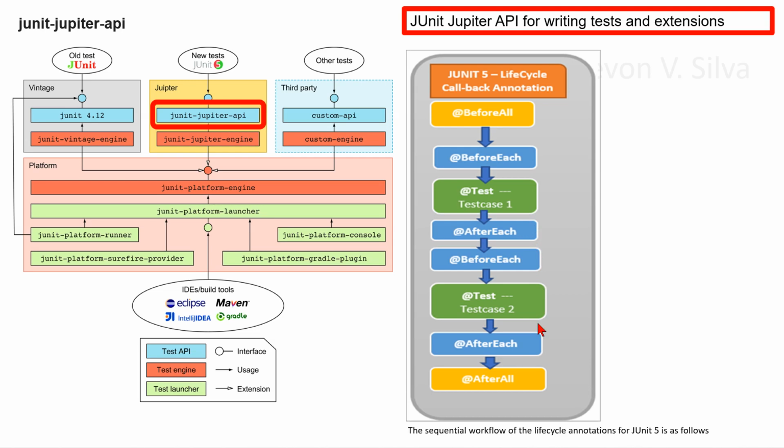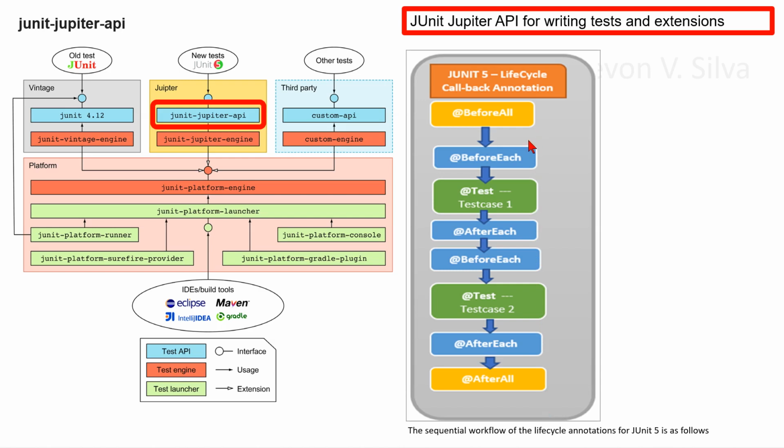Step 6, the method test case 2 annotated with @Test is the test case in the class. Step 7, the method annotated with @AfterEach runs after test case 2 completes execution. Step 8, the method annotated with @AfterAll is executed once at the end of the class after both test case 1 and test case 2 are executed.